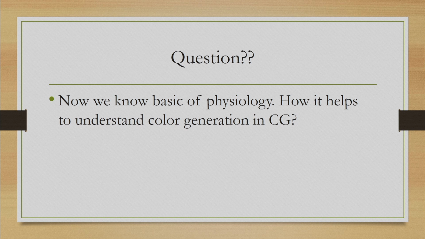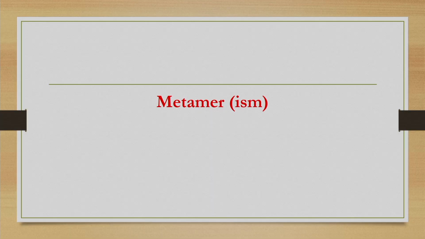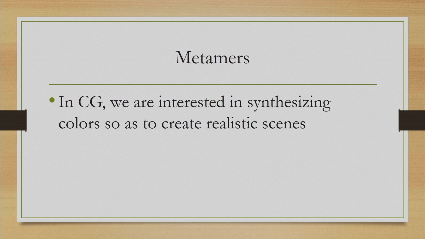Now, with this knowledge, how can we actually build a realistic computer graphics system? Let us try to see how this knowledge helps us in color generation in computer graphics. This question brings us to a concept called metamerism or metamers. What is that? So, what do we want in computer graphics? We are primarily interested in synthesizing colors.